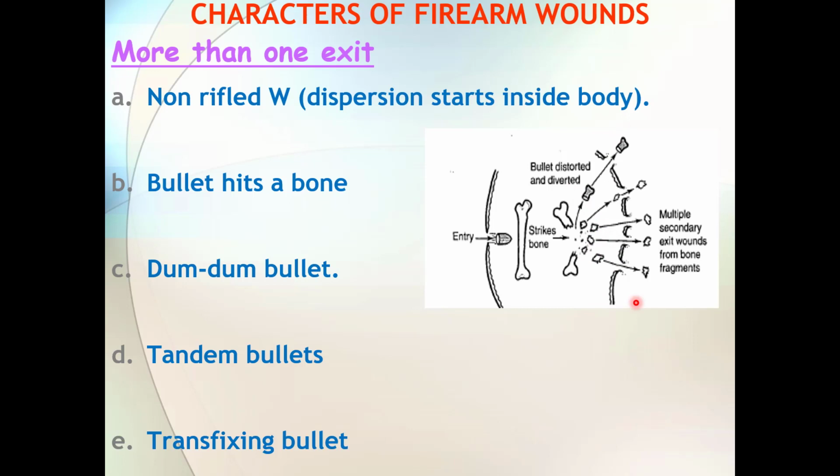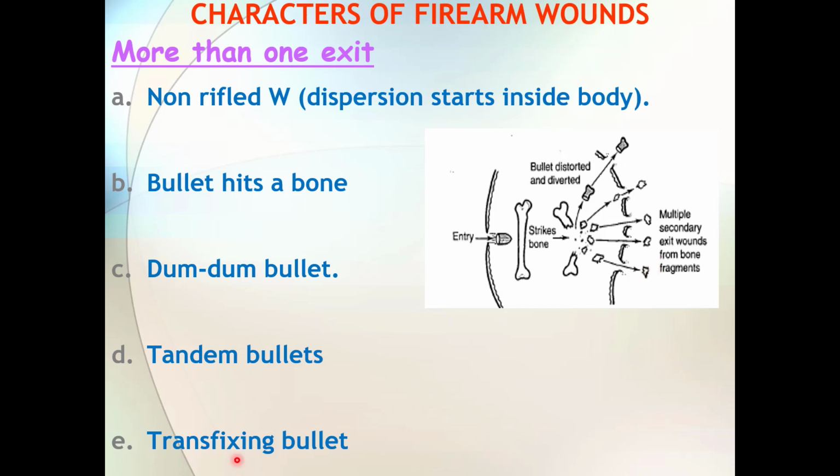Dum-dum bullet means that there is a defect in the jacket of this bullet. So if the bullet passes from here and touches bone or a tight tendon, it becomes fragmented and passes by many exits.